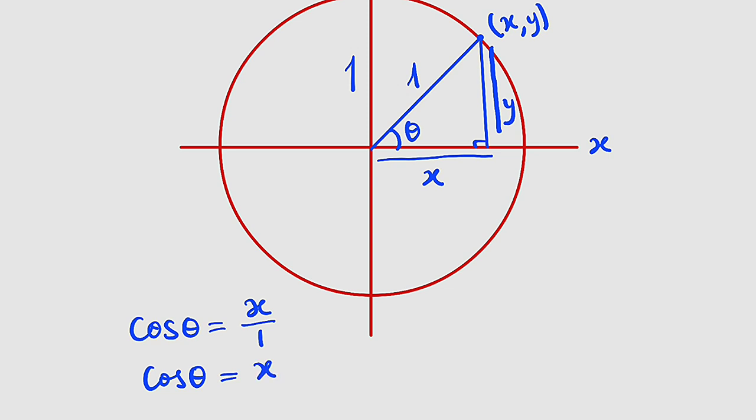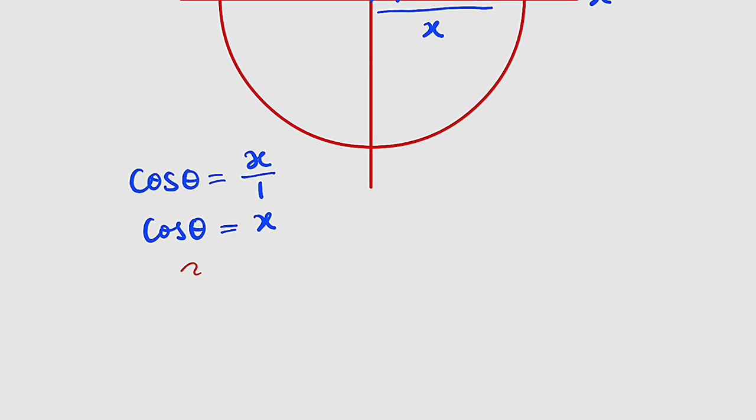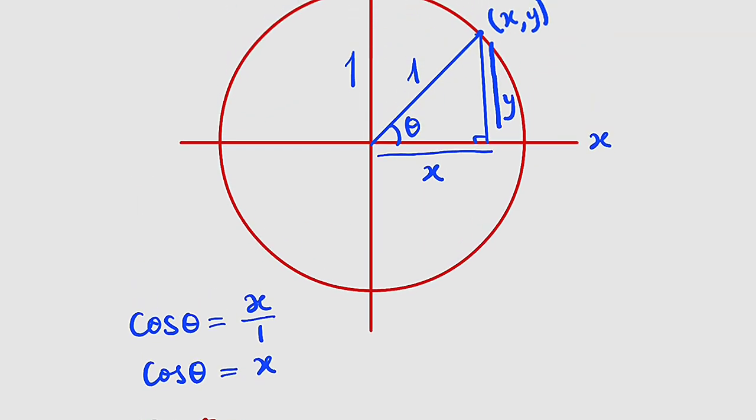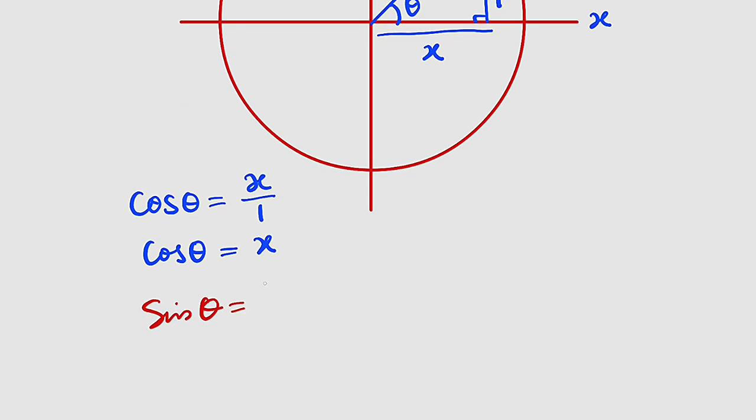What does it mean? It means that the cosine of every angle depends on the value of x at that point. We have that sine of theta is equal to opposite divided by the hypotenuse. Opposite is y and the hypotenuse is 1. So we have y divided by 1, which implies that sine of theta is equal to y.